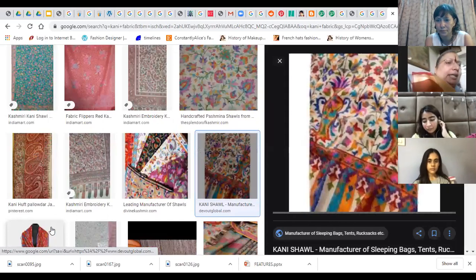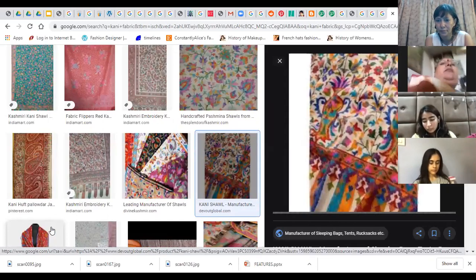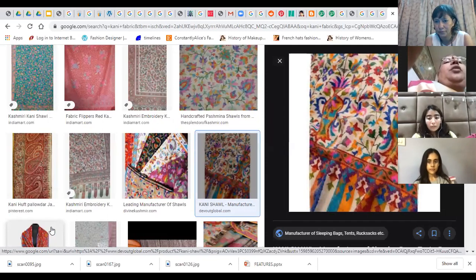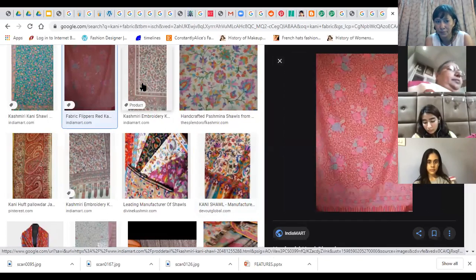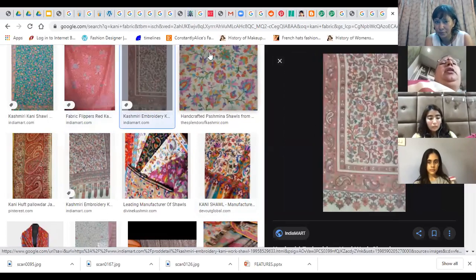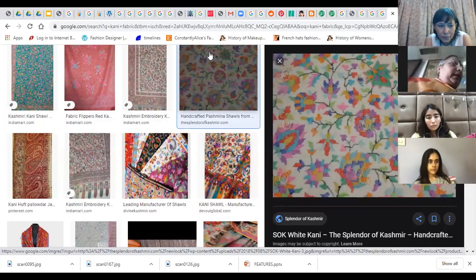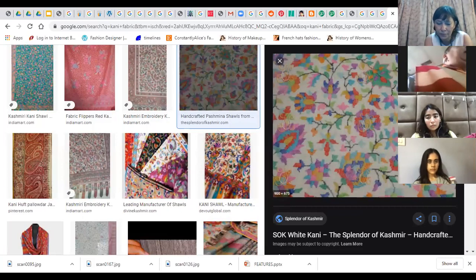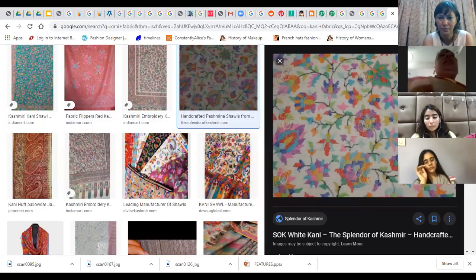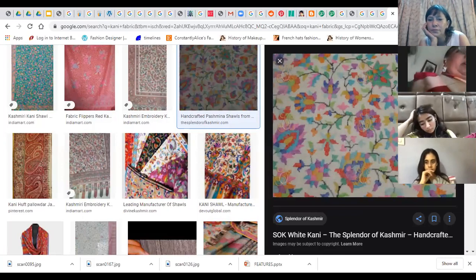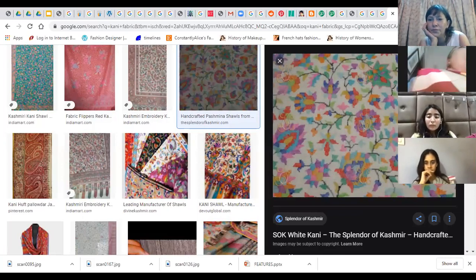It's basically a tapestry weave. Can you see that this is not original Kani, on the one which you have enlarged, but a Kani look-alike. Now this is Kani, which you can see over here. It's also done in a similar fashion to how the Jamdani is created. It's not a Jamdani weave, but it's a Jamdani-like weave.